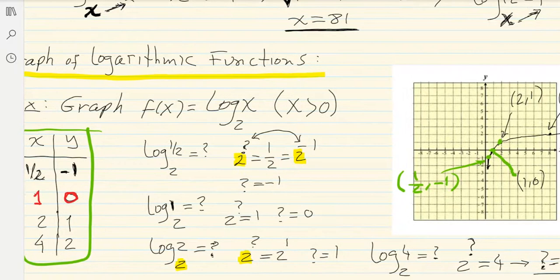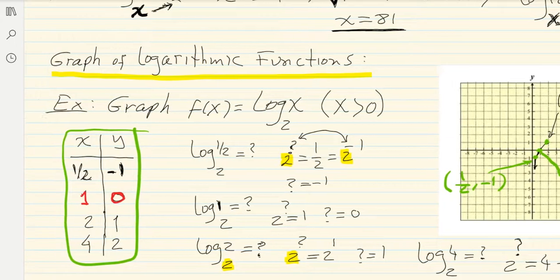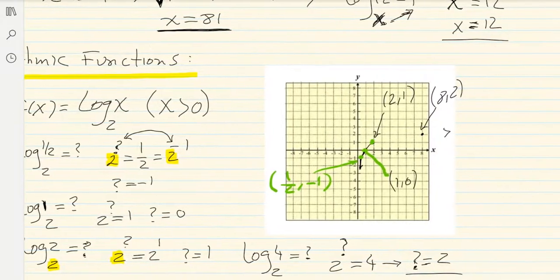It was 4, 2. And x is 4. Y is up 2. Let's see, 4, 2, not 8. Okay. So when x is 4, y is up 2, and that would give me this point right here.